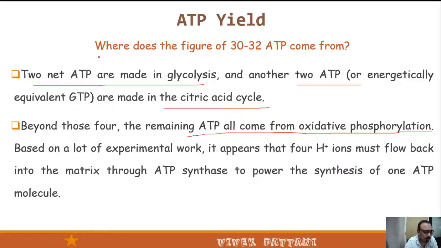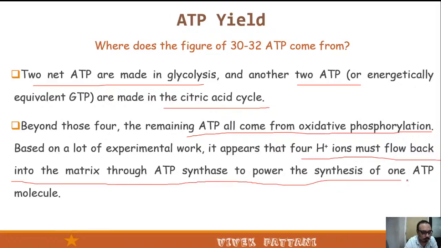Based on a lot of experimental work, it appears that 4 hydrogen ions must flow back into the matrix through ATP synthase to power the synthesis of one ATP molecule. So for the production of just one ATP molecule, 4 hydrogen ions must flow back into the matrix.